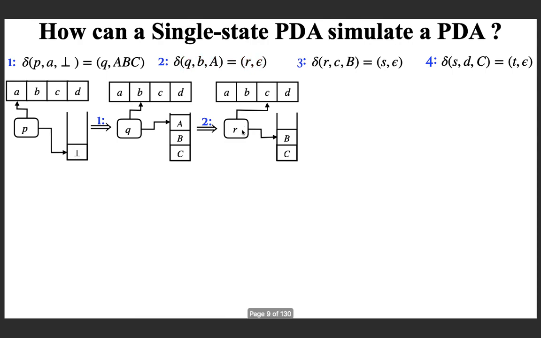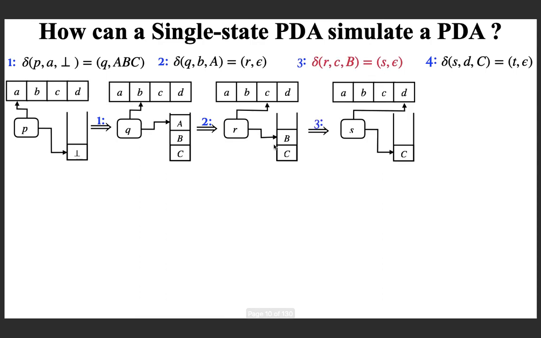And now you have the configuration where you need a transition for R, c, B, and you have it here. What is it saying? Move to the state S and don't push anything, just take out B, and that's it. So you are getting into a configuration where you need a transition for S, d, capital C, and you have it here. And what is it saying?